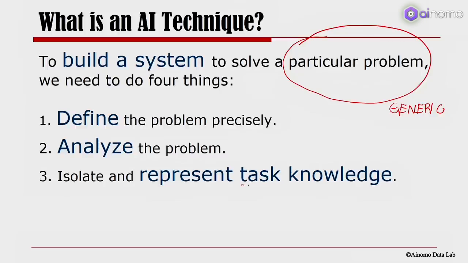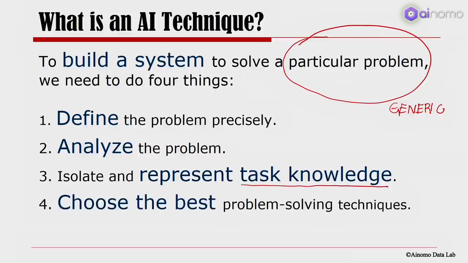What task knowledge is, and how we isolate and represent it, is something that we will look at in the next few examples. The fourth interesting thing is then, given these three important things, that we define the problem precisely, we analyze the problem, we then represent the task knowledge.